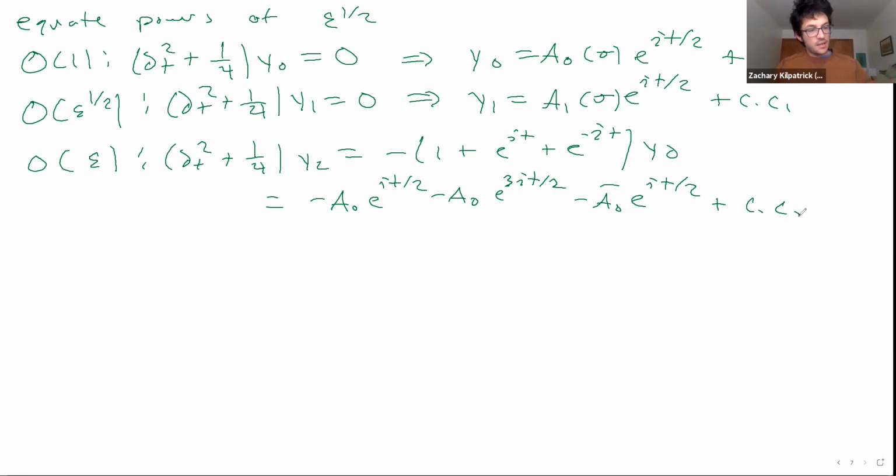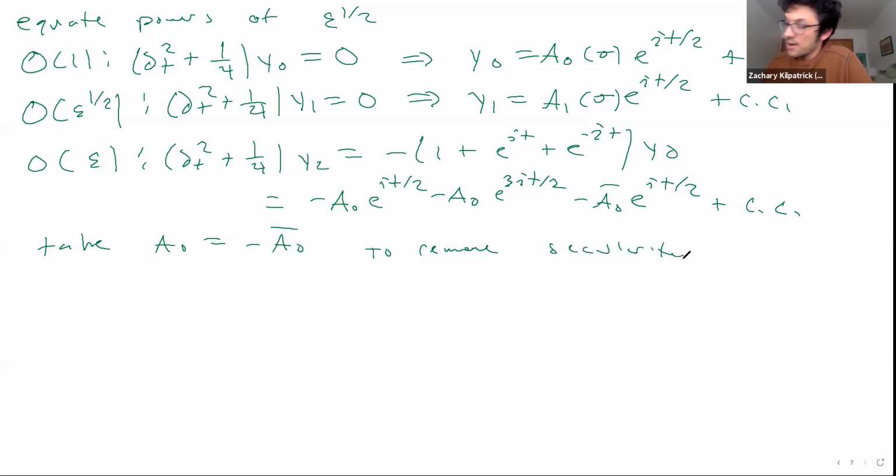Now we can take a0 equal to minus a0 bar to remove secularity, right? That's our amplitude equation that we get. The only e to the it over 2 terms here are just these two, right?